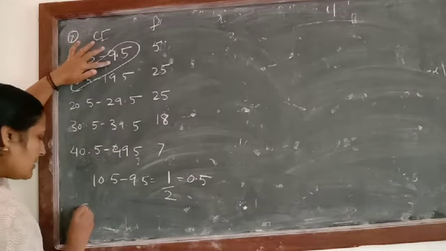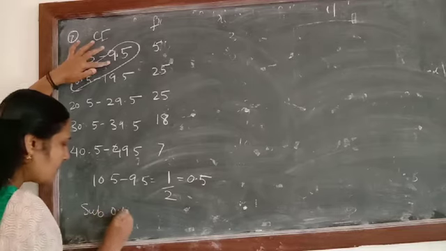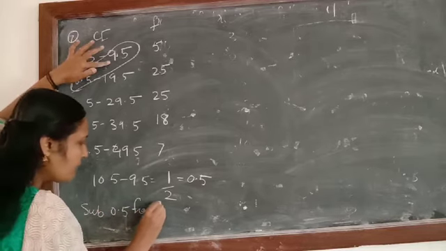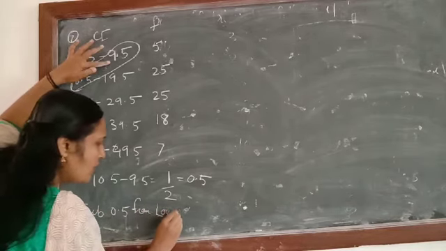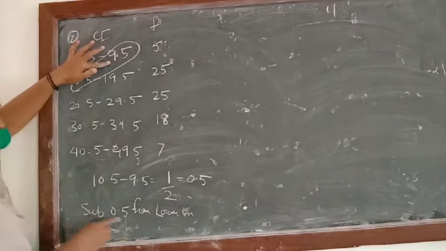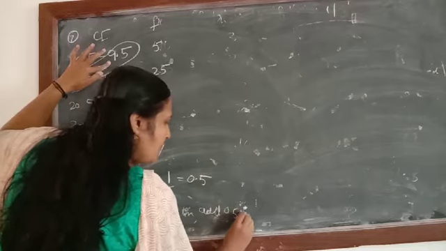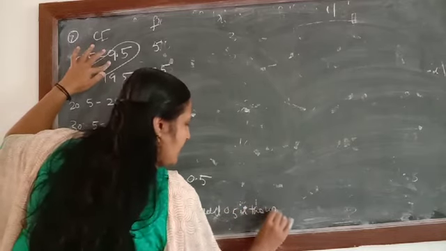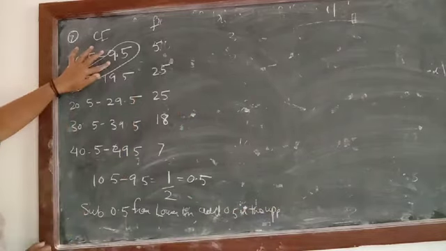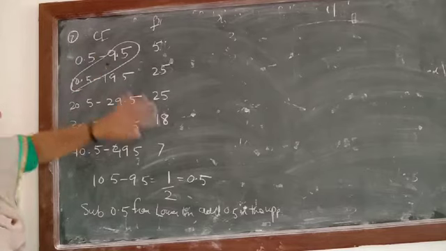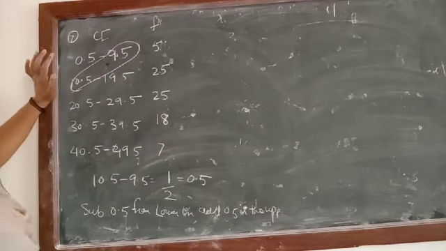And to make it continuous, the method is: subtract 0.5 from the lower limit and add 0.5 to the upper limit. Subtract 0.5 from the lower limit. Add 0.5 to the upper limit.